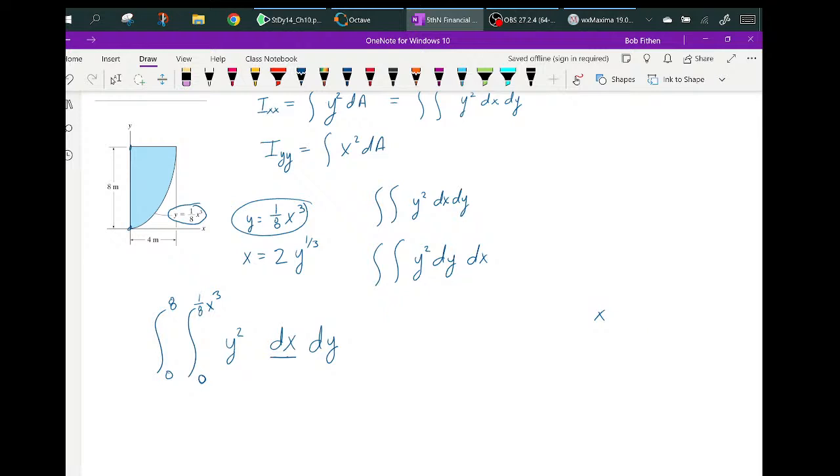So if we're doing it this way, we're just basically running our bars or our boxes. The first internal integral, so I run my boxes from here all the way across to here. And so that's it. If I do that, the first thing ends up 0 to 8. Pretty boring.